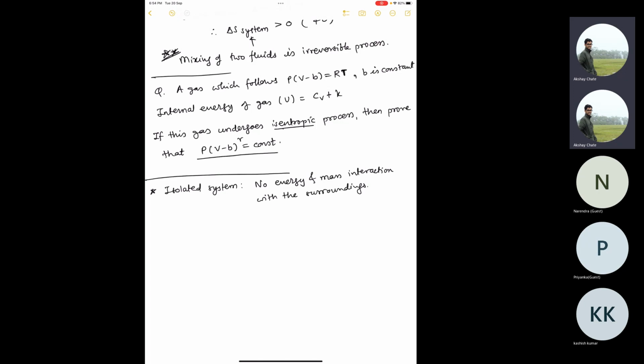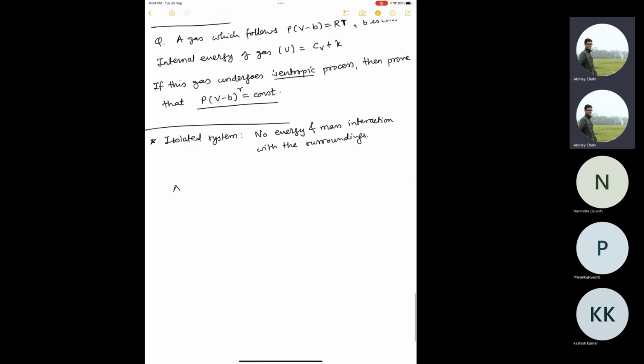So this is your isolated system, right? Now there are four options: entropy of an isolated system remains constant, it always increases, always decreases, it may increase or it may decrease. This is also a very common question in competitive exams. Essentially, you just write the principle of entropy increase, which is delta S of system plus delta S of surrounding.